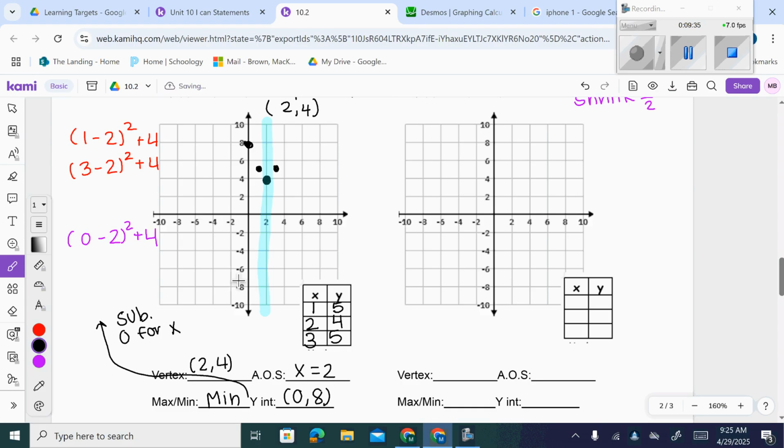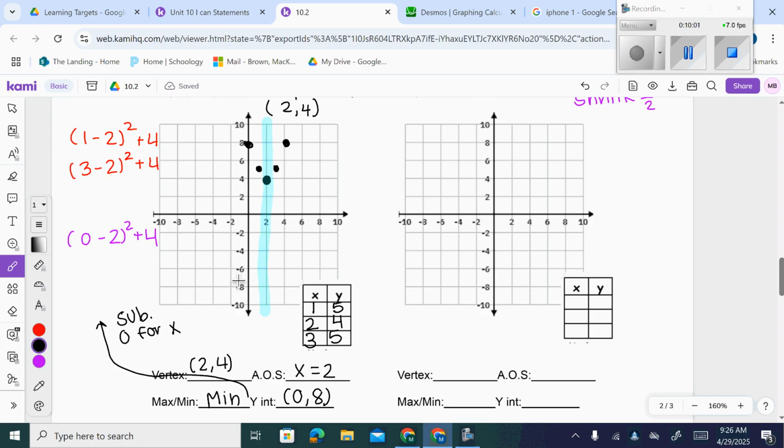All right, now I have how many points? 4, but I told you we need how many? 5. How am I going to find that 5th point? Yeah, we're going to mirror it, y'all. This is my axis of symmetry, correct? So both sides have to be symmetrical. So if this is 1 away from my axis of symmetry, I can go over here and go one away from the axis of symmetry.